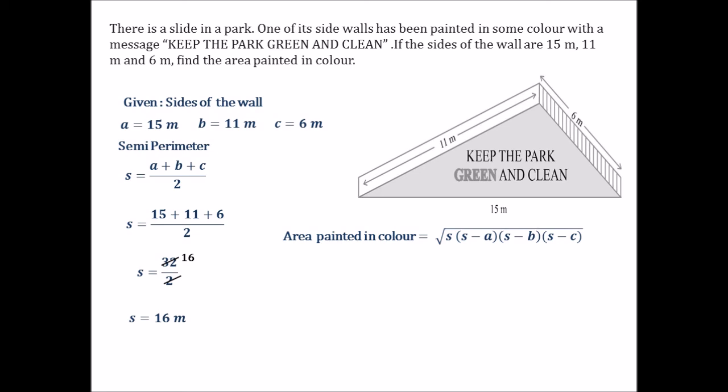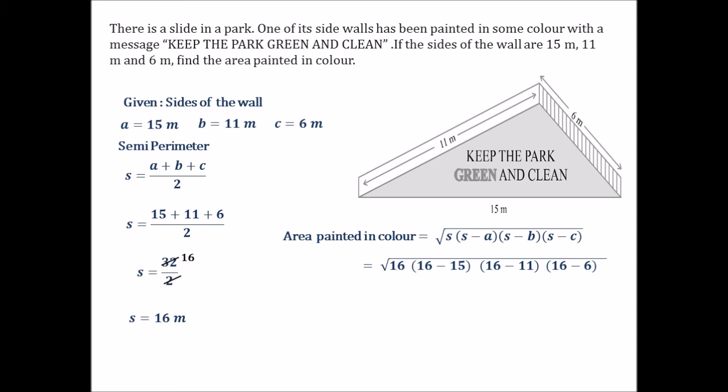Now let's put the values. Under root s is 16 into s minus a, 16 minus 15, into s minus b, 16 minus 11, into s minus c, 16 minus 6.